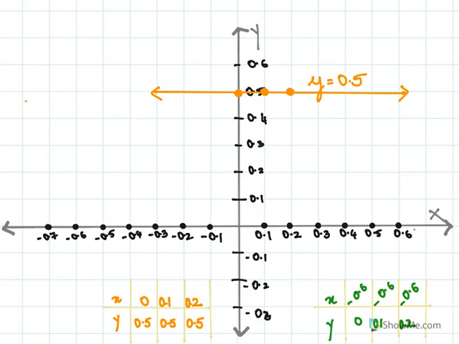Next we'll plot the green graph, and the first point would be here, that is minus 0.6 and 0. Then the next point will be here, and the third point would be here. So you join.